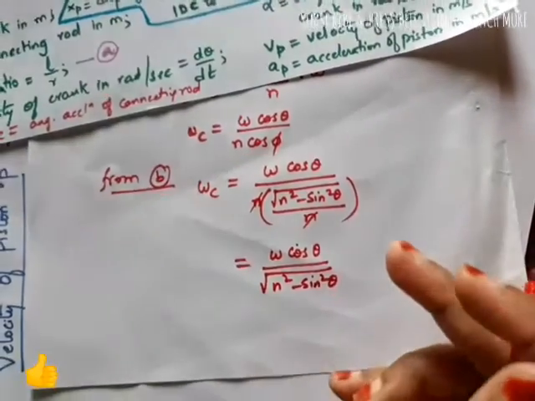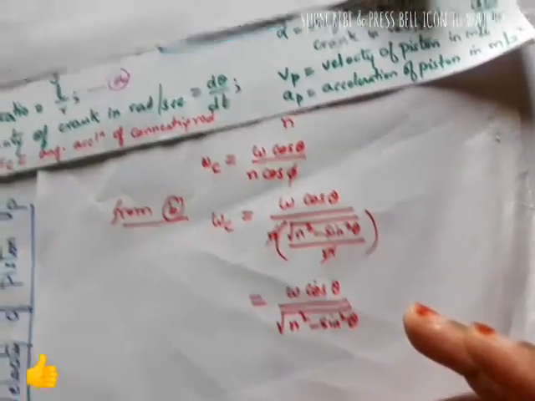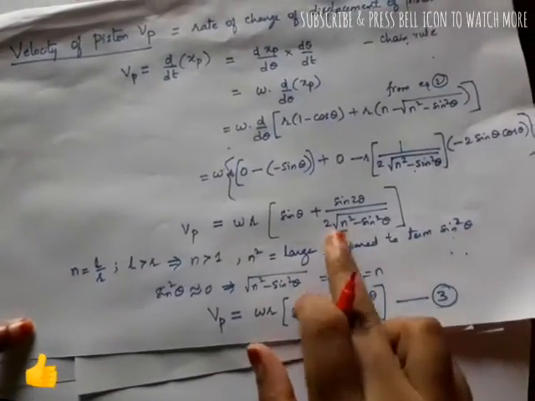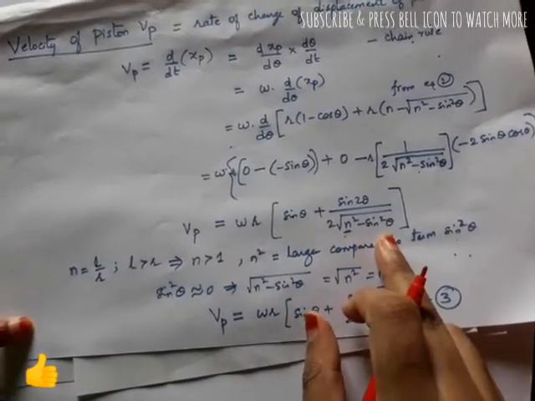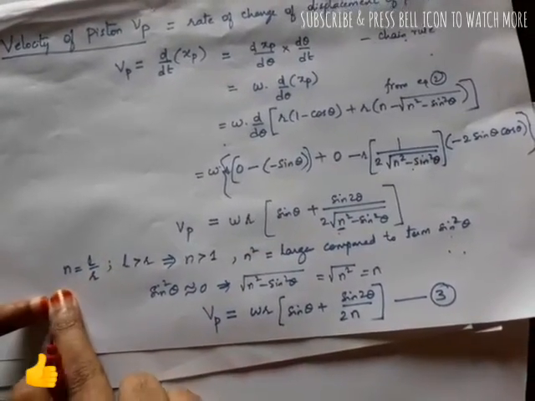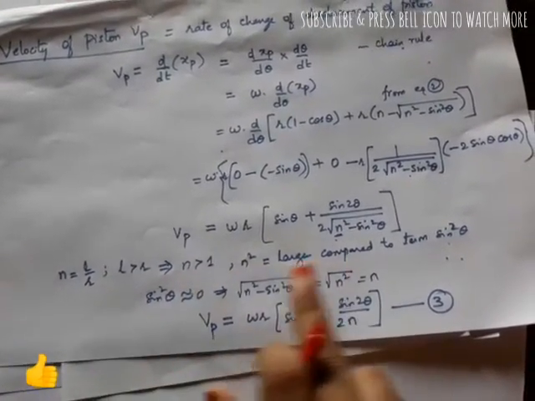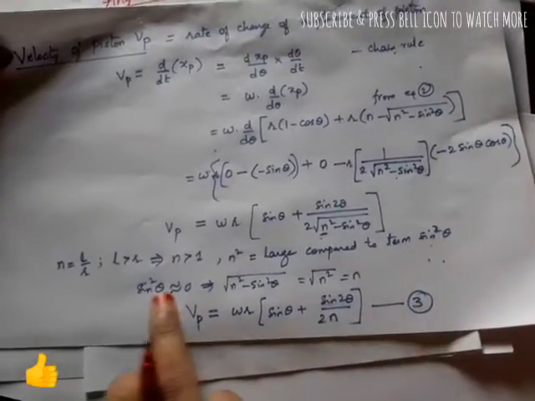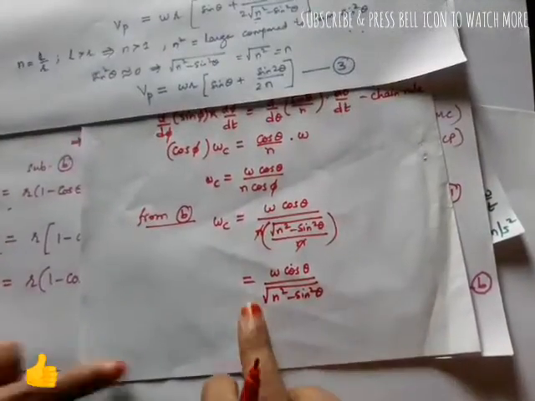Like in the previous case, when we found the velocity of piston Vp, we got something similar, root of n square minus sin square theta. But as we discussed, as n is greater than 1 and naturally n square is larger than sin square theta, we omitted sin square theta, considering it to be 0. Similarly we will do the same here.